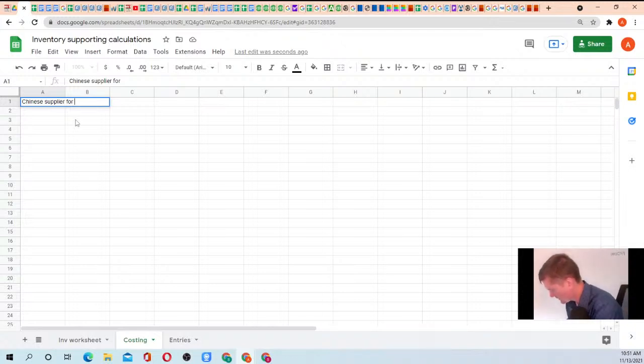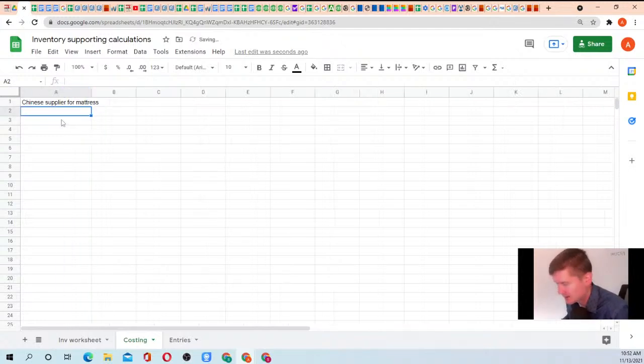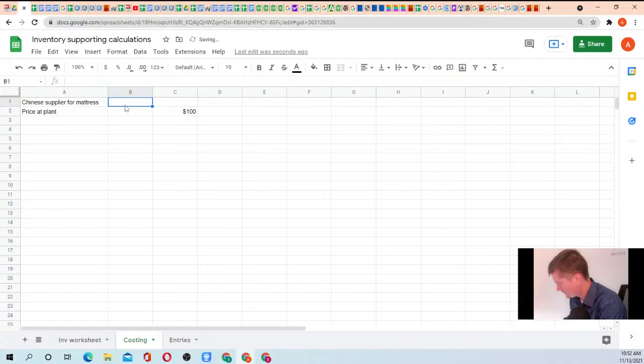Let's say just a mattress. Let's start. Price at factory, let it be $100. That will be Incoterms. So that basis is called Ex Works.